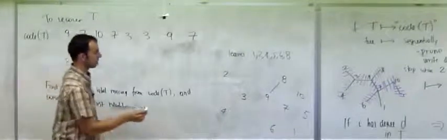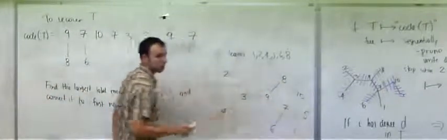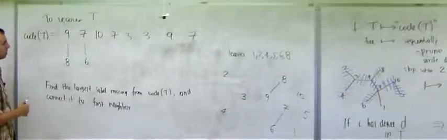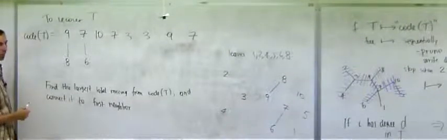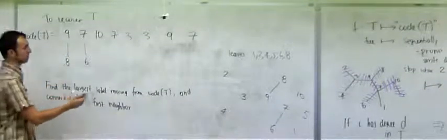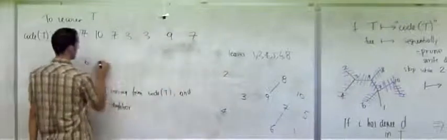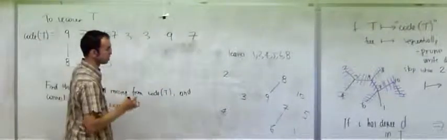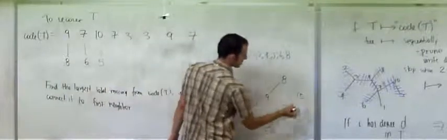Okay. Then what is the next thing that I pruned? It must be 5. Right? And it must have been pruned from 10. Then what?